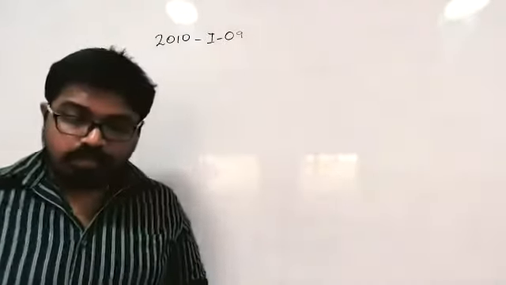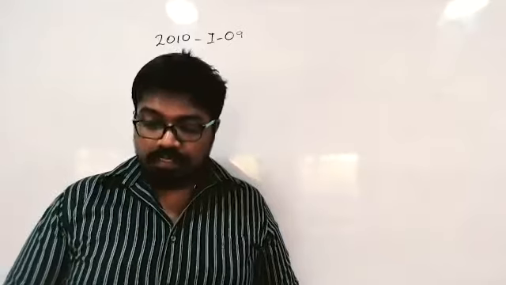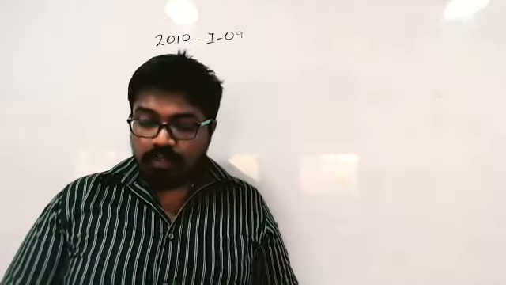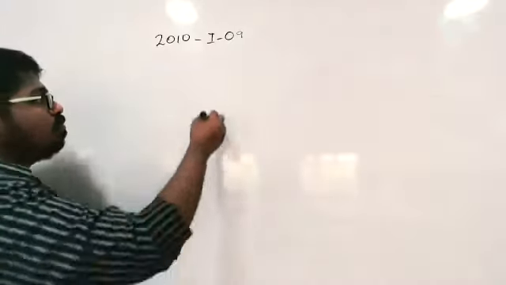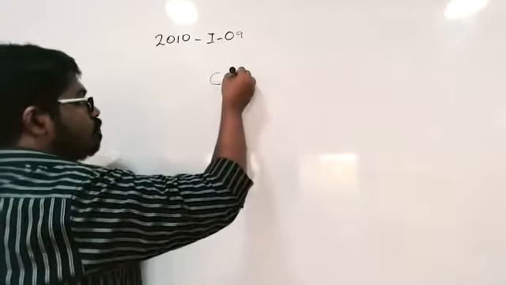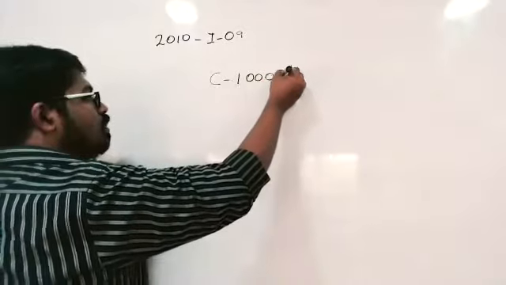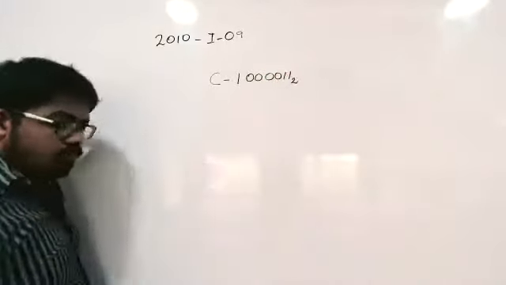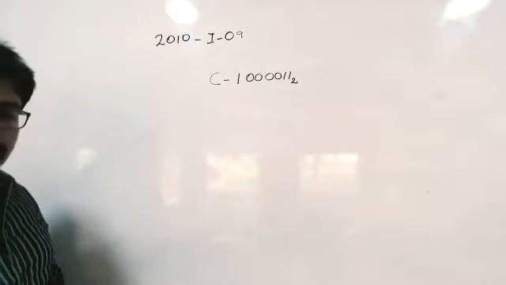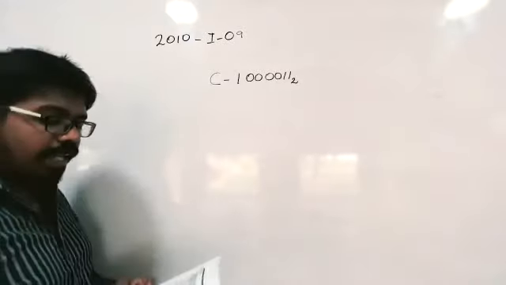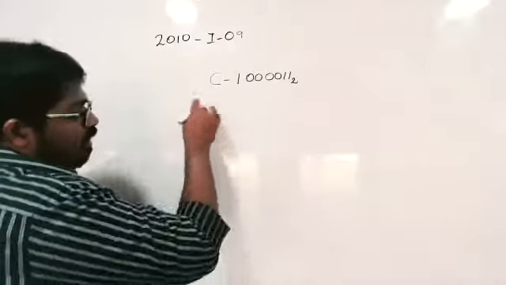If the character C is represented as 1000011 base 2, what is the equivalent ASCII code for character A? Right? So they ask for character A.